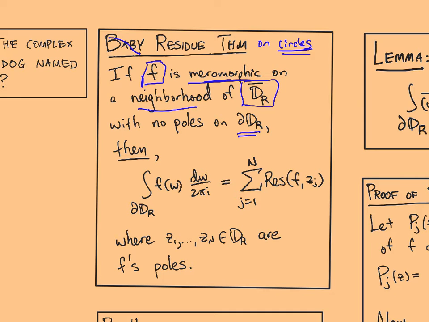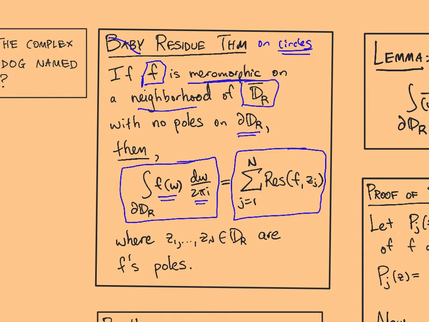The conclusion is that the complex line integral around that circle of radius r of f dw over 2 pi i will just give me the sum of the residues at z1 through zn, which are just f's poles.